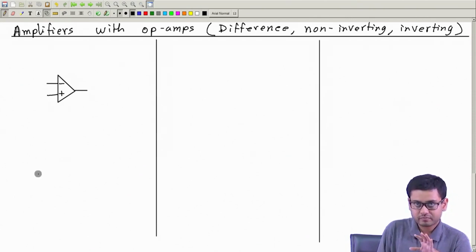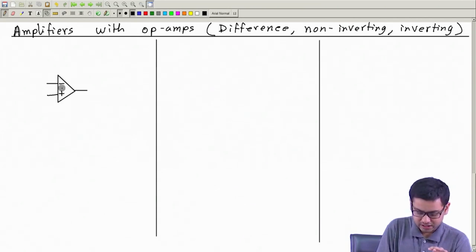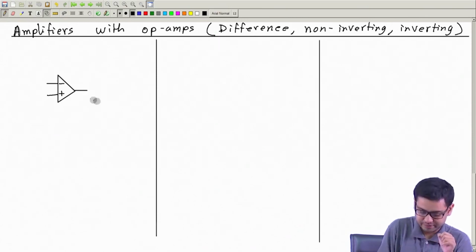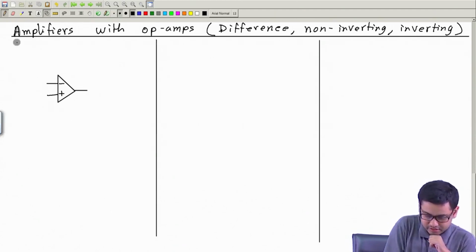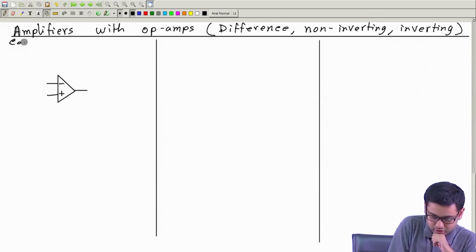For beginners who are studying op amps for the first time, before we understand them physically, it may be good practice to identify a common structure between the three amplifiers we are going to see. So I will write this common structure.